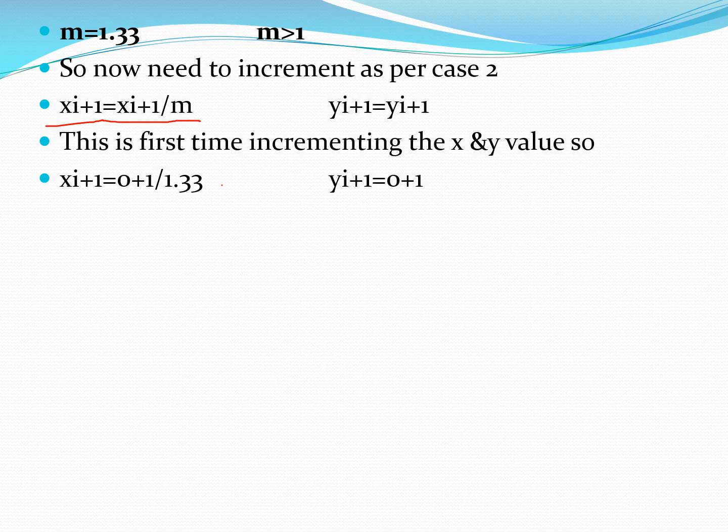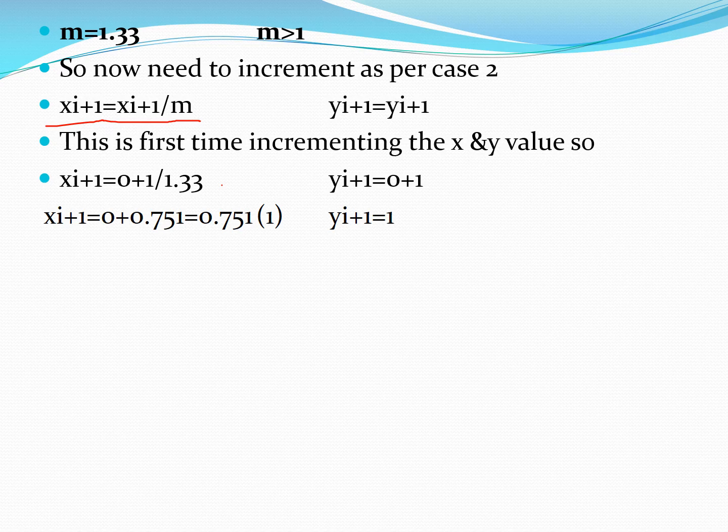So yi is incremented simply by 1. So what we get, the xi plus 1 value is 0.751. Instead of 0.75 we plot on the graph, we consider it as 1, that is a whole number or a real number, and yi plus 1 is equal to 1.